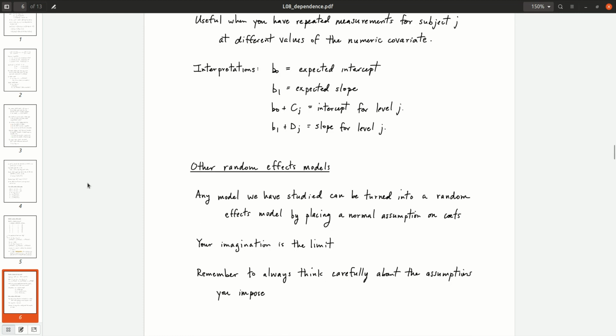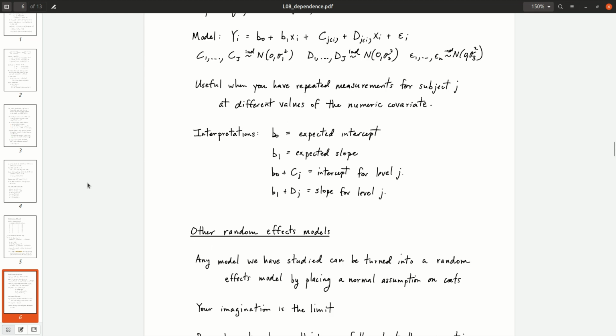All right. Now, this is just a few examples of different random effects models, but you can take any model we've studied this semester and turn it into a random effects model by placing a normal assumption on the coefficients. Usually, we're going to consider random effects models when we have a factor in the model with several levels, and when we want to make the assumption that the coefficient corresponding to the level of the factor follows a normal distribution.